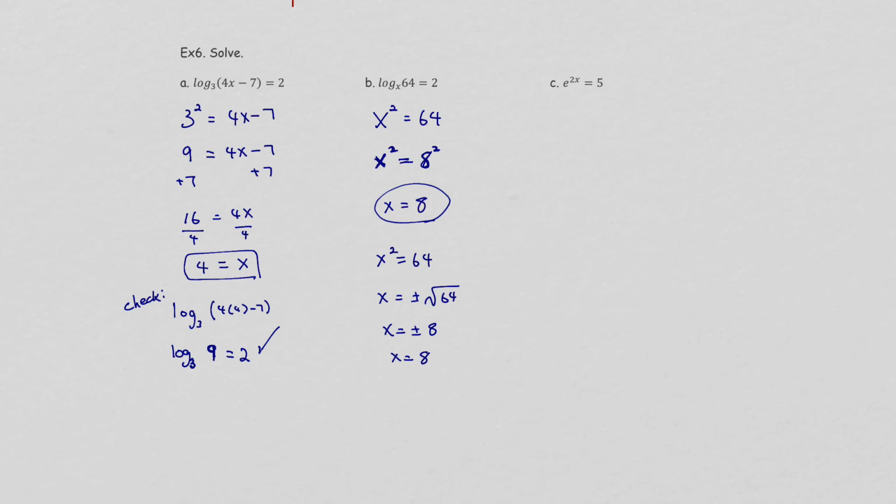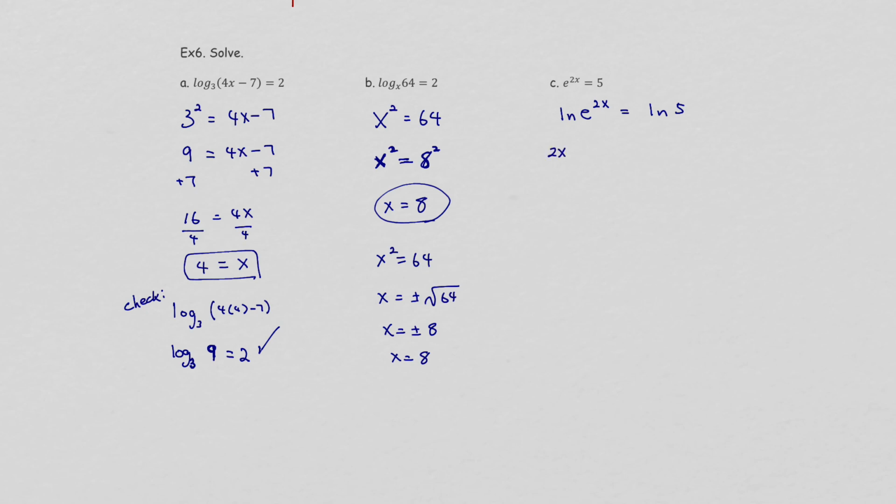The third one, what we can do with this problem is try to bring your exponent down. In order to bring the exponent down, you can take the natural logarithm of both sides. By the definition of logarithm, you should be able to bring this 2x in front of the natural logarithm to make it multiplication.